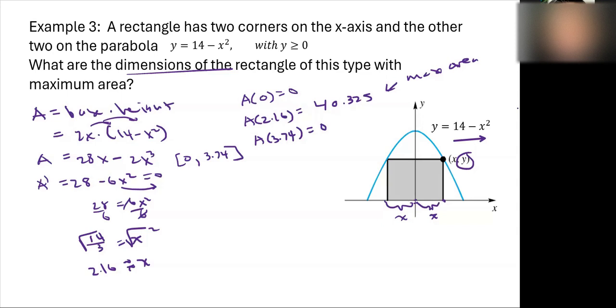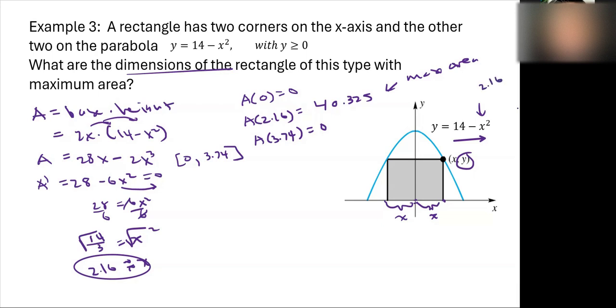Okay, so I'm going to plug in. So I got x is 2.16, so I'm going to plug that in here for my y equation to find out what the y value is. Okay, so we plug 2.16 in there.